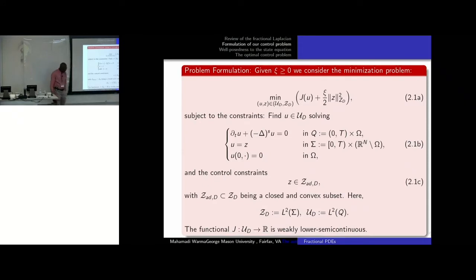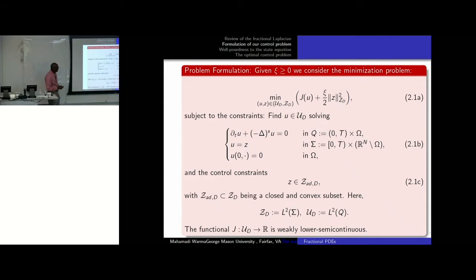Now we can formulate our control problem, the parabolic one. We want to minimize this functional. G of u is exactly the same as yesterday, but now the functional is defined on a different space. Our U sub D will be L2 of the cylinder, which means 0 to T times omega, and our control space will be L2 of sigma, where sigma is 0 to T times the complement of omega.